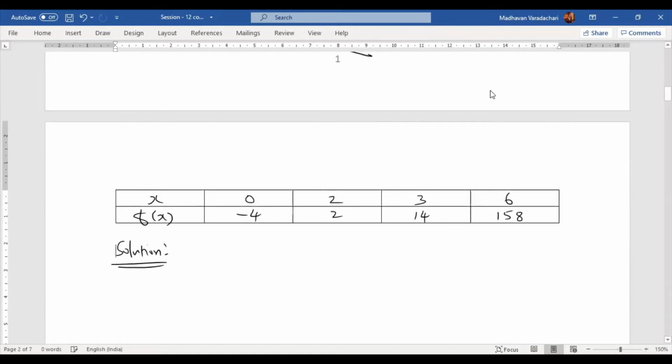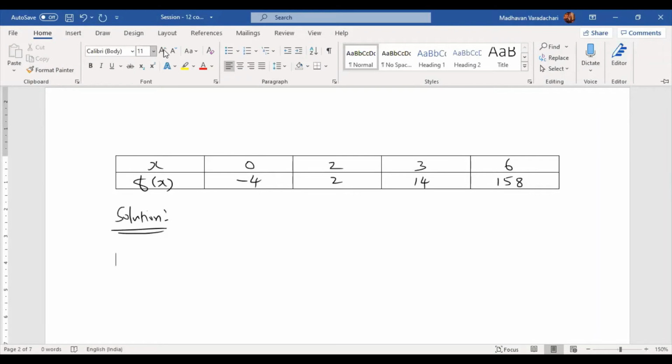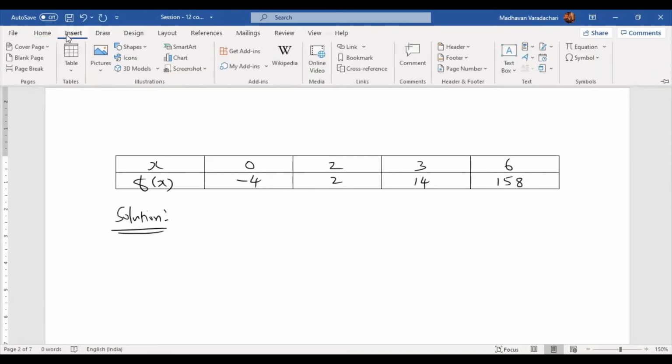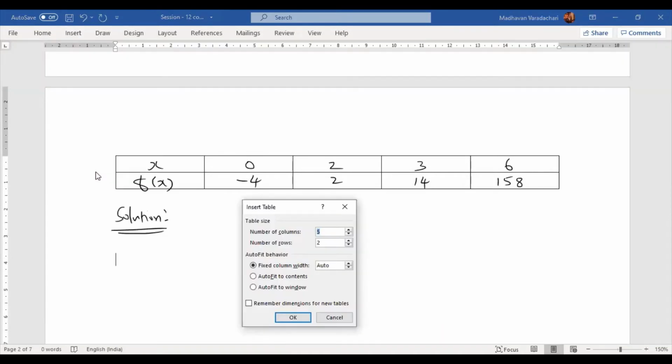For the solution, we will create the divided difference table, having 5 columns and 5 rows.